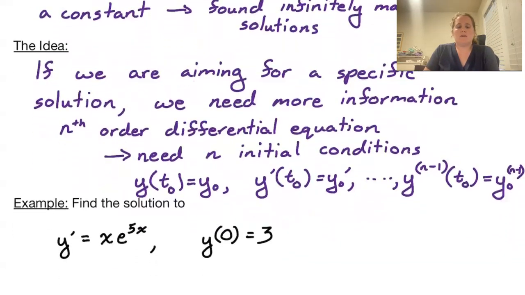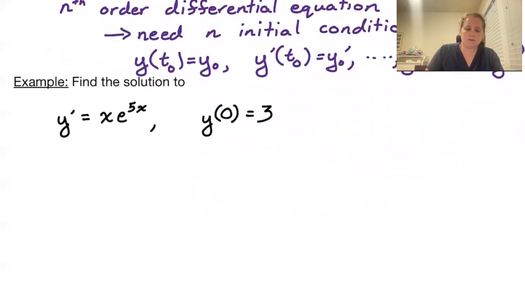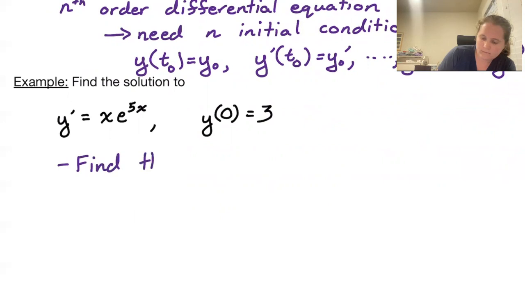So, for example, here we have the first order differential equation y prime equals x e to the 5x, and therefore we just need one initial condition of y of 0 equals 3. So we will start off by finding the general solution. So this is with the plus c.